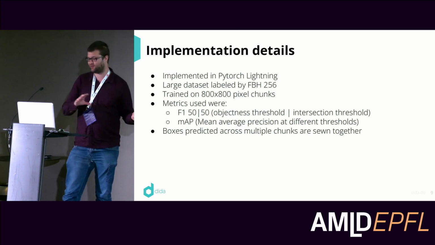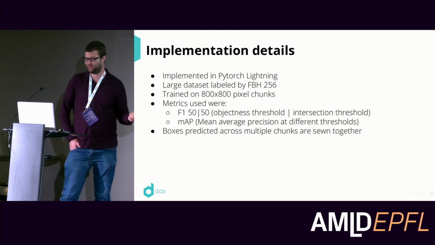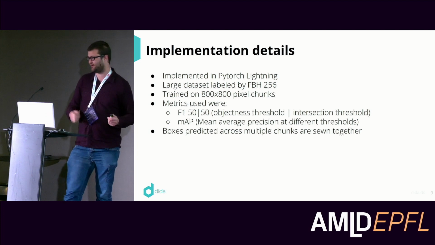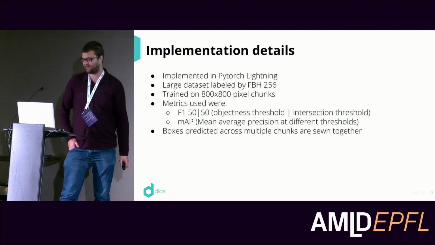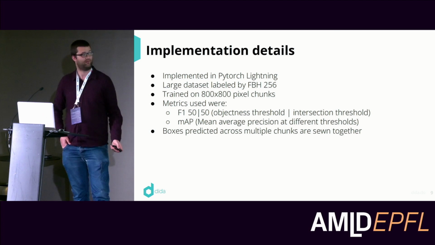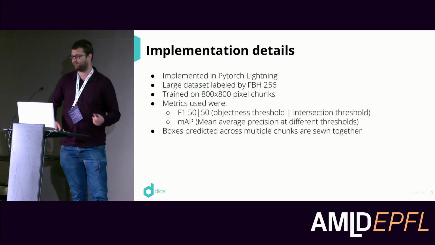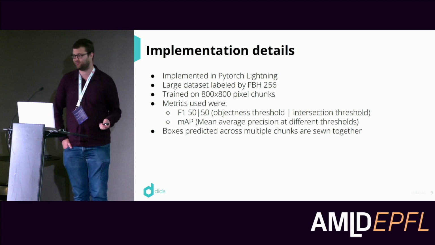We trained this on 800 by 800 pixel chunks that we split out with some overlap, so that if something is directly on the edge, it doesn't get missed. And when we reassemble these, we sew together predictions that are across multiple chunks.